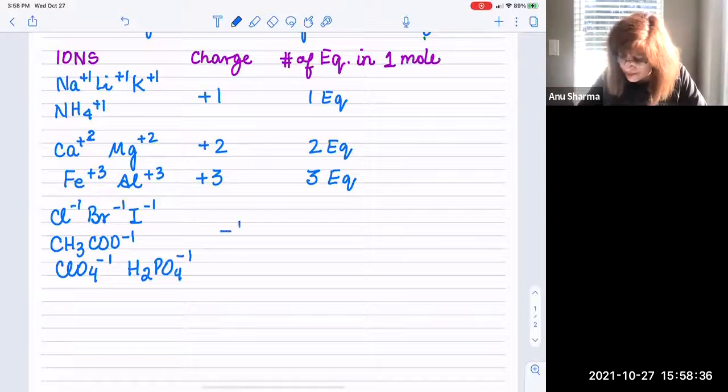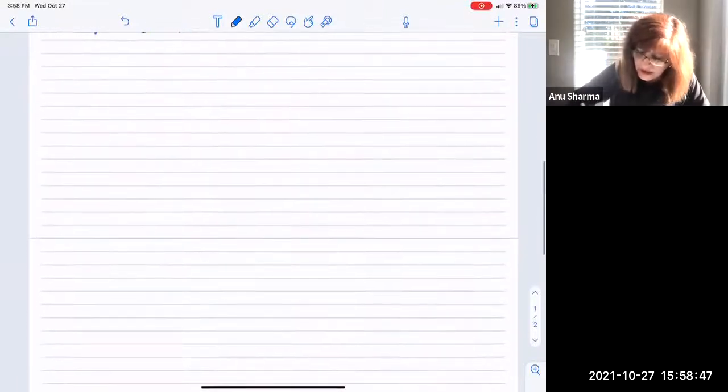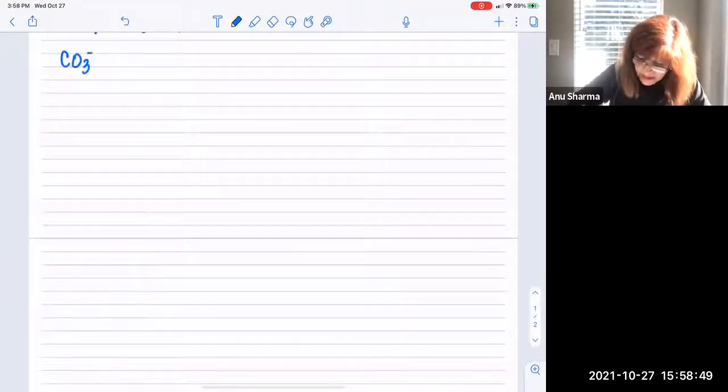All of them will have -1 charge, and the equivalents in 1 mole is still 1 equivalent.